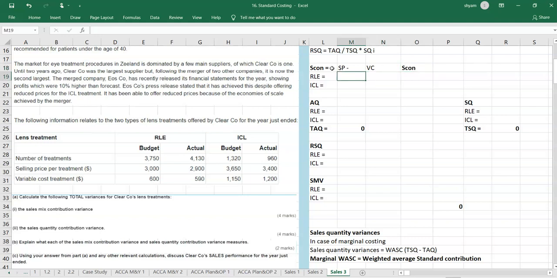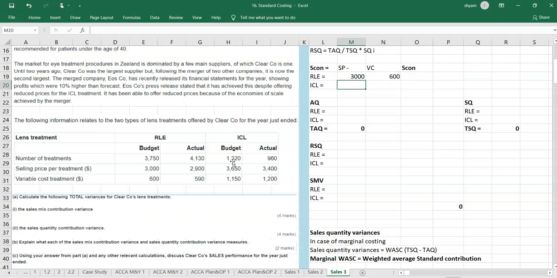Right, that's it. So let's get the selling price. What selling price? It's a standard. That's why we put it as standard contribution. So standard selling price is 3000 and standard variable cost is 600.